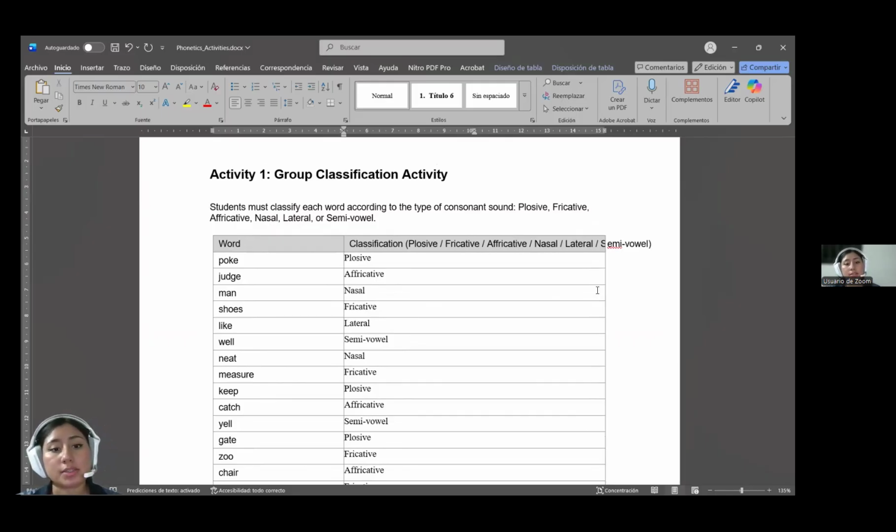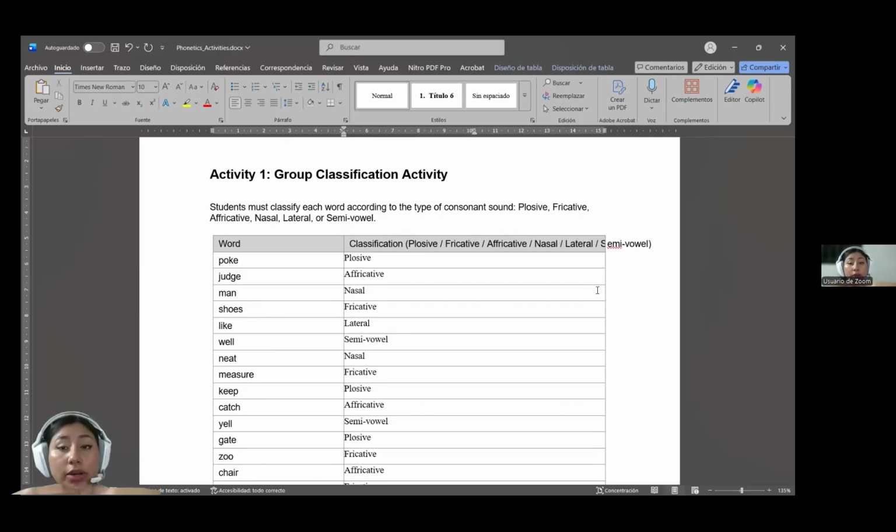Each one has a specific way of being articulated. And correcting the pronunciation helps us to communicate clearly and avoid misunderstandings.